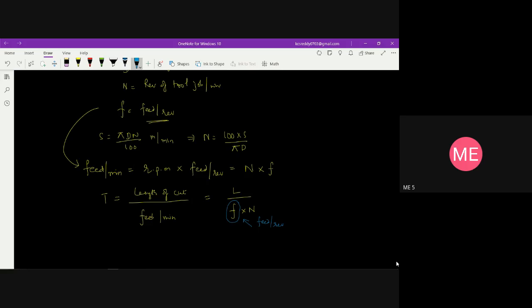If it is given as feed per minute, then straight away I can take the length of cut by feed per minute. So this equation can be used.